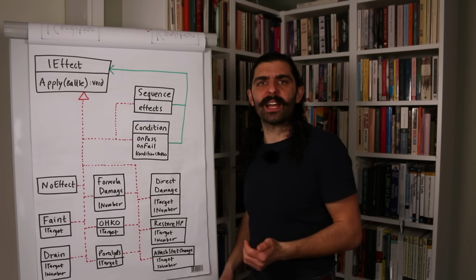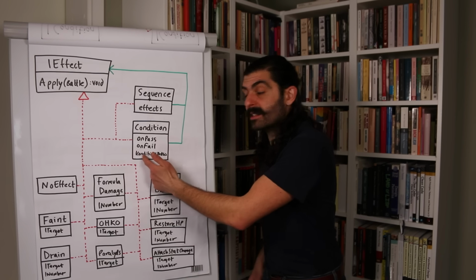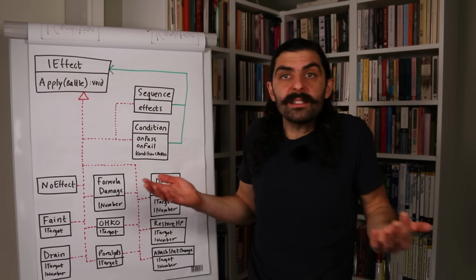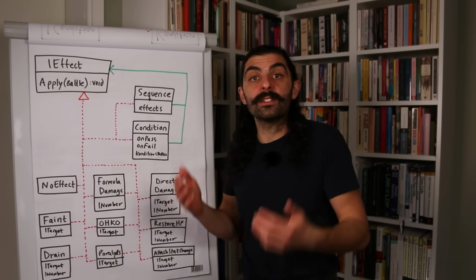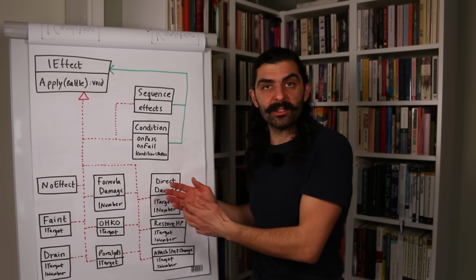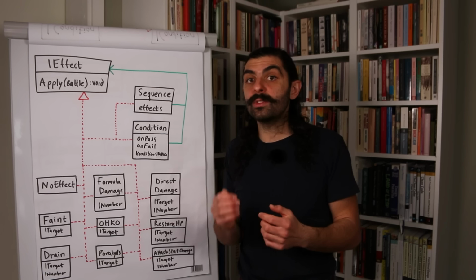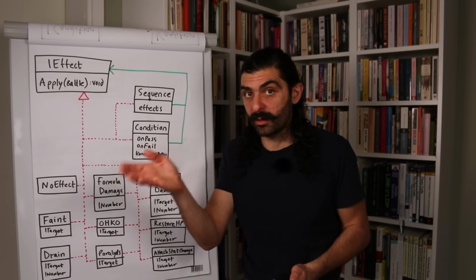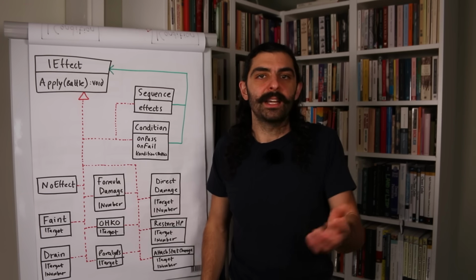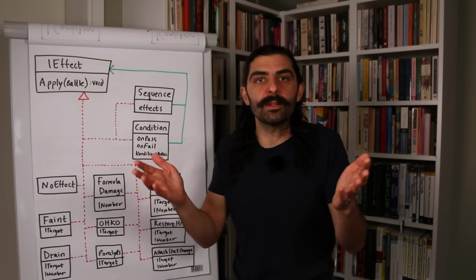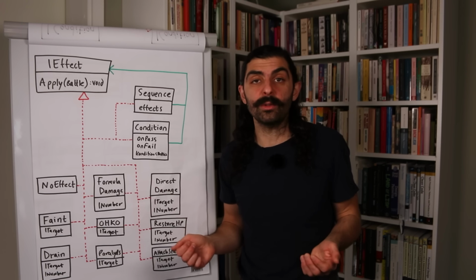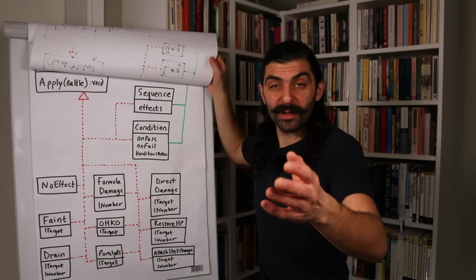What does the condition type do? Well, it simply checks the condition and then it applies the appropriate effect. Condition does not care what the effects do or how they are implemented. It just cares about choosing the first effect if the condition passes and the second effect if the condition fails. Then it just blindly applies the effect that has been chosen. That's it.